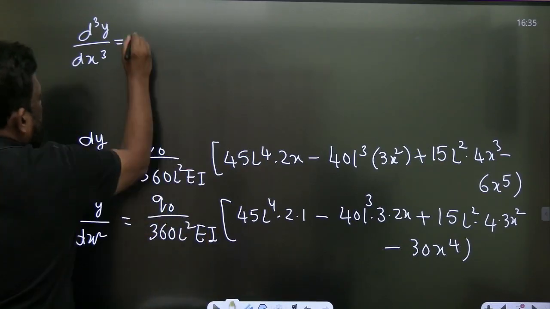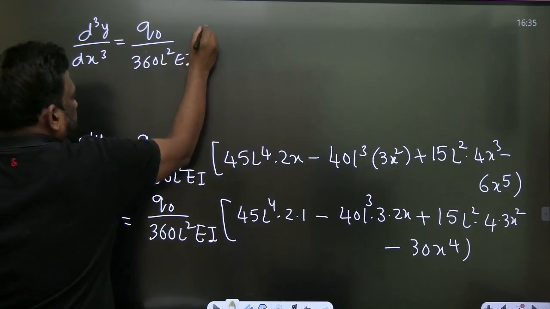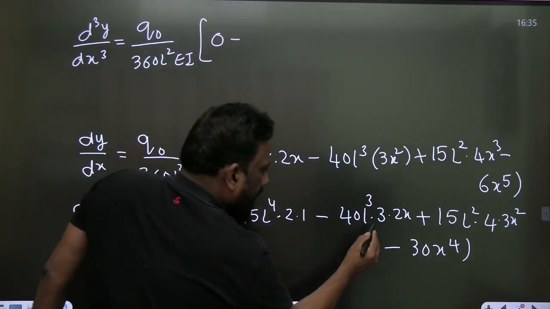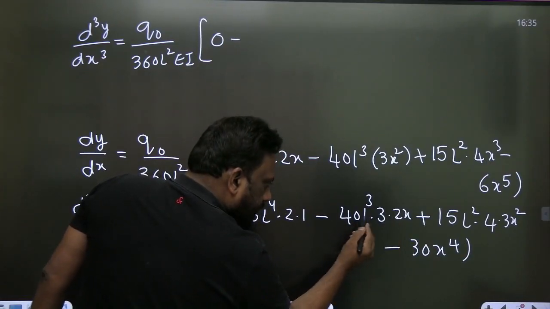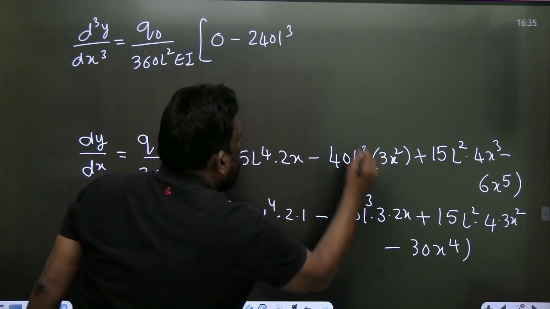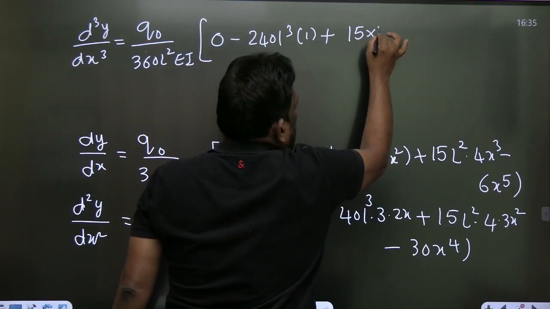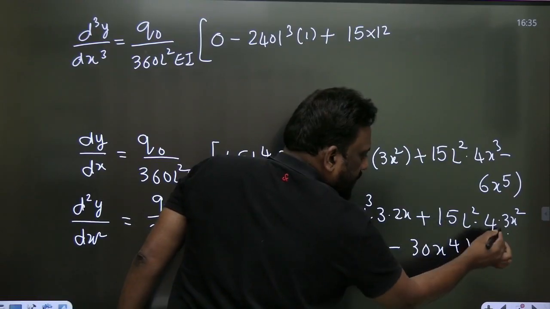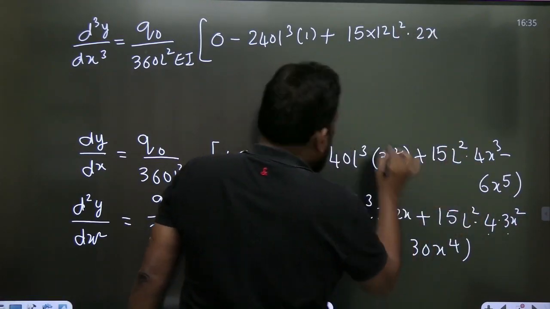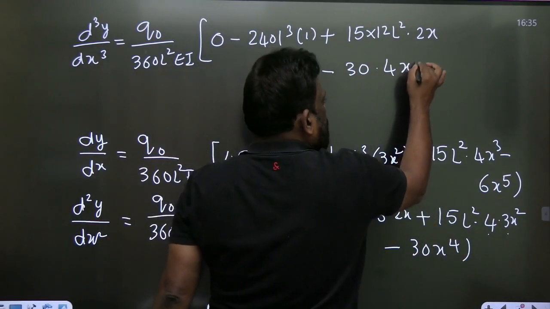Now if I differentiate this, Q0 by 360 L square EI into, this is pure constant, L is constant, so 0 minus, here 3 into 2 is 6, 40 into 6 is 240 L cube, and differentiation of x is 1, plus 4 into 3 is 12, so 15 into 12 L square, differentiation of x square is 2x, wonderful, sir, minus 30 into x power 4, which is 4x cube, excellent.